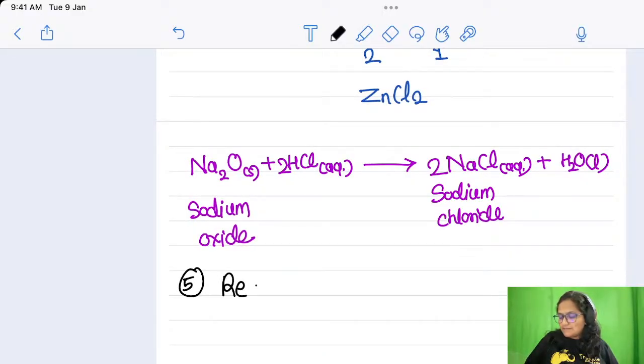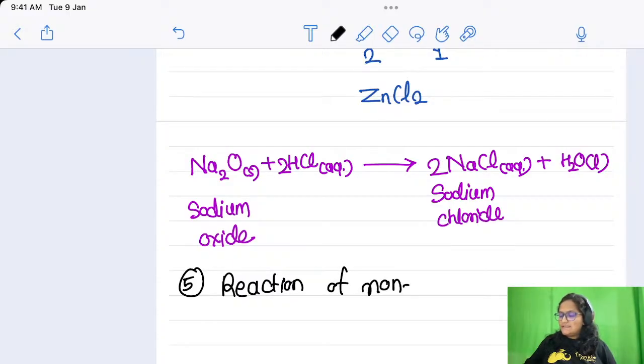Reaction of non-metallic oxides with bases, right? Why?